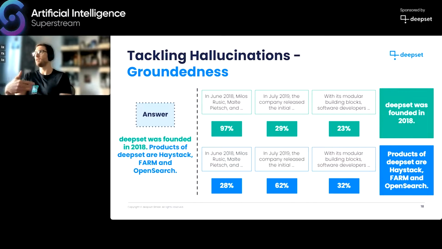You can also think about it as the opposite of hallucinations. If you have a very, very low score, then yeah, it's a very high chance that it's a hallucination.